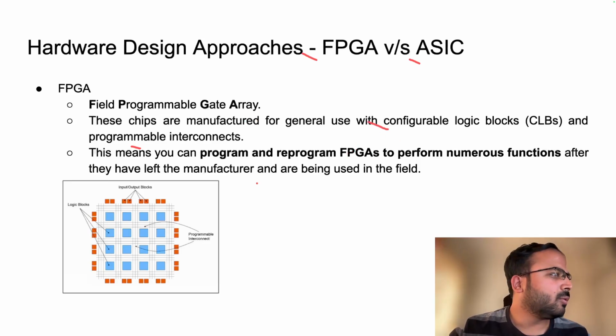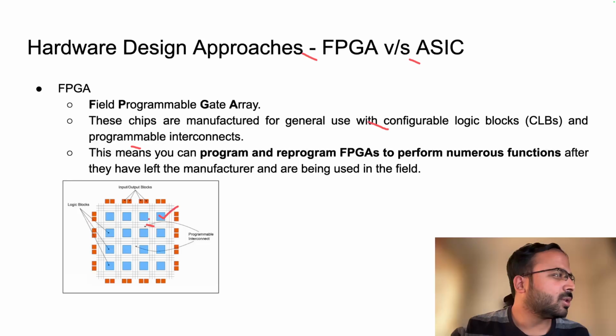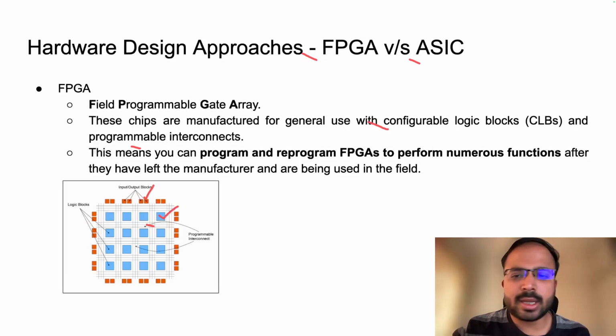If you come to the diagram, these are your configurable logic blocks, and these are the interconnects, which connect the configurable logic blocks to each other. And these are the input output blocks where you can connect your peripherals. We'll see this when we look at different FPGA development boards, in the next slide.